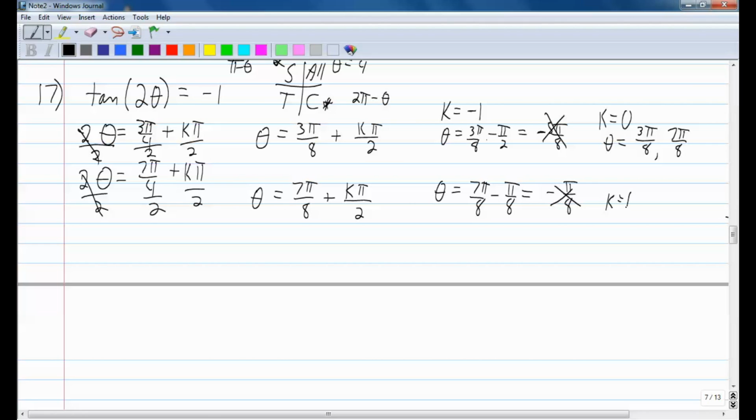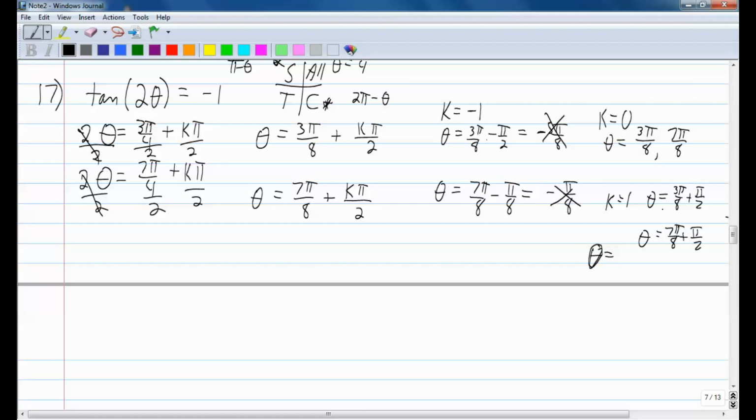If k equals 1, you have 3 pi over 8 plus pi over 2 and 7 pi over 8 plus pi over 2. That's going to give you 11 pi over 8 for the second one. It's going to repeat an answer for the first one.